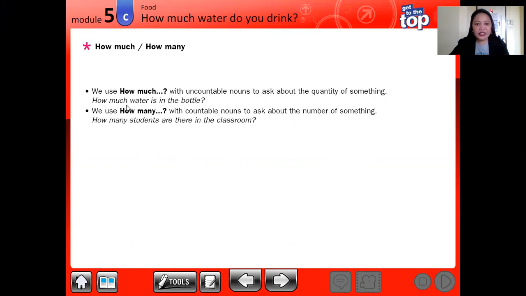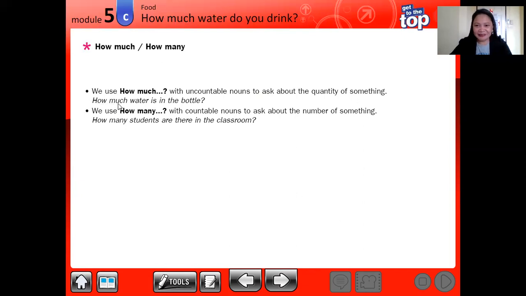Example, we are going to ask the quantity of water inside the bottle. So we say, how much water is in the bottle? We cannot say how many water is in the bottle, because water is an uncountable noun. So we use how much when we ask questions.